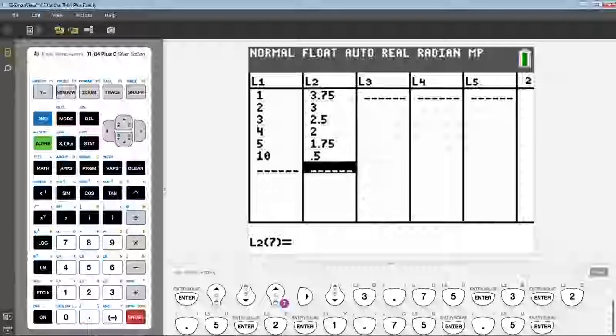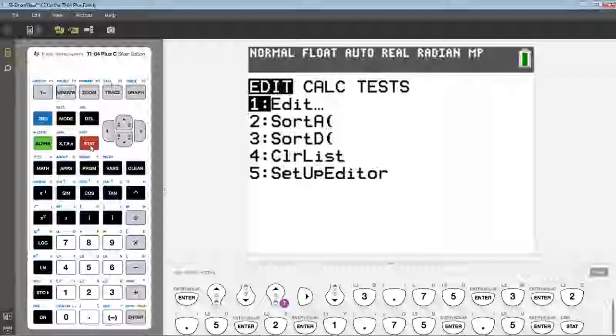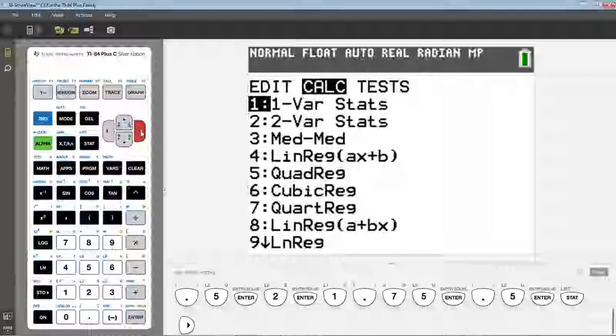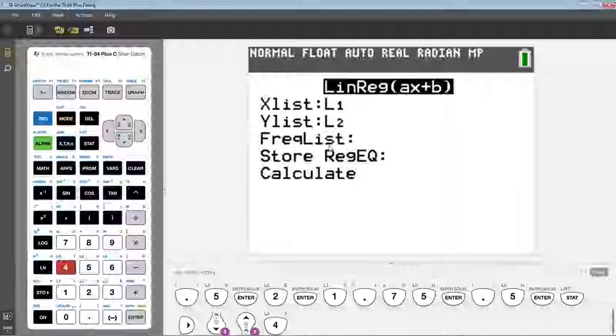All right, so now what we'll do is go over here to this button and click Stat, and then move over to Calc. So right arrow to Calc, down to number 4. I'll click 4 for linreg ax plus b.